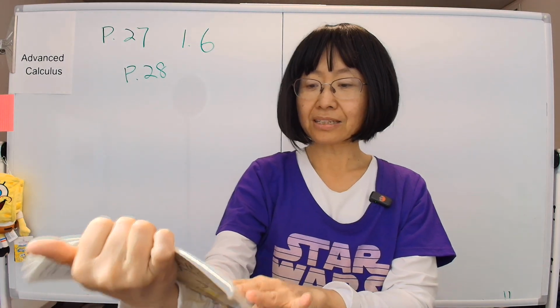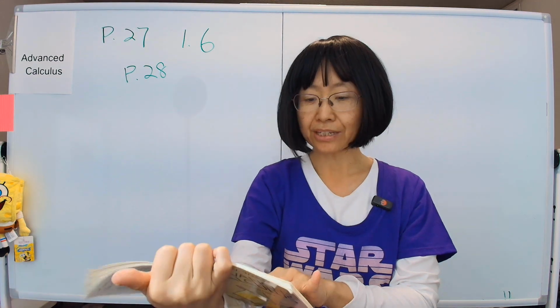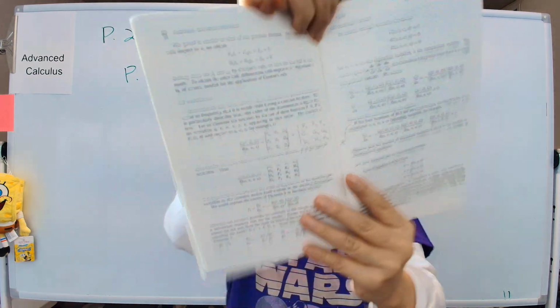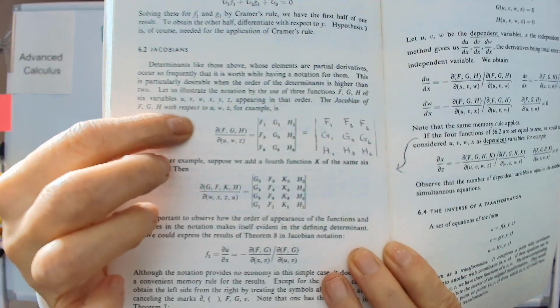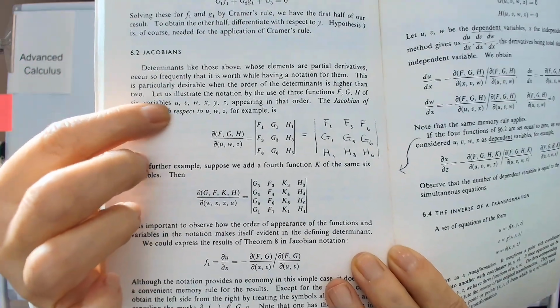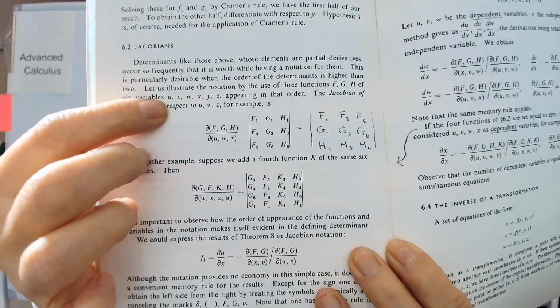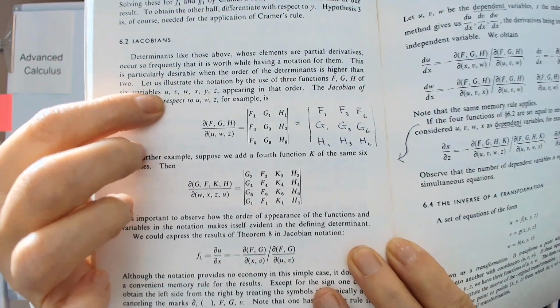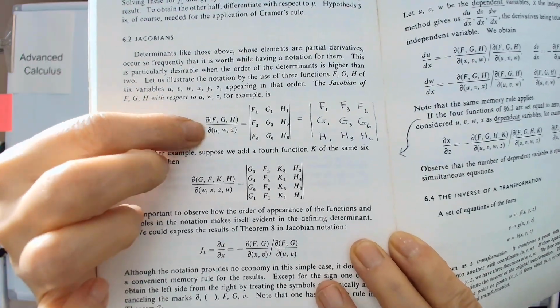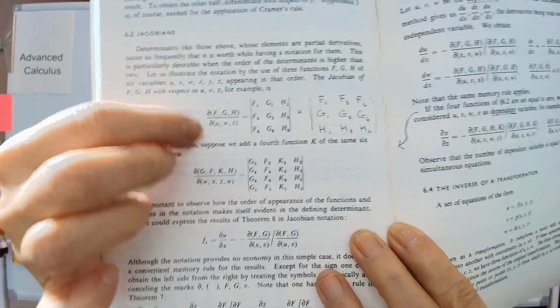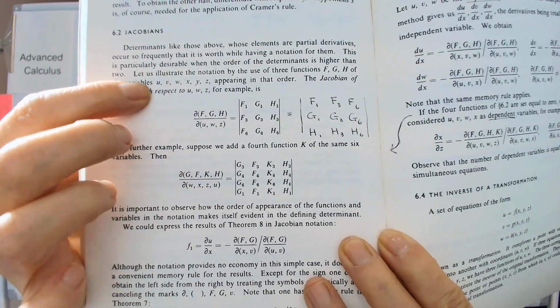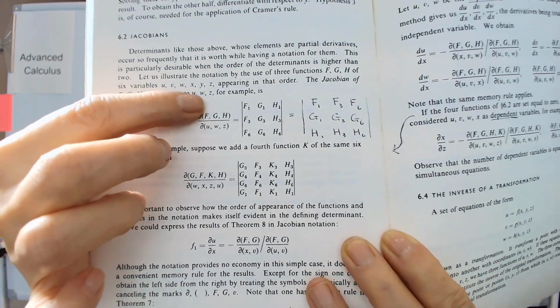Now, when you look at this more carefully, why does the second row say F3, G3, H3? The reason is because F, G, H have a whole bunch of variables: U, V, W, X, Y, Z. So to do this determinant, U is the first variable, so the first row is F1, G1, H1.